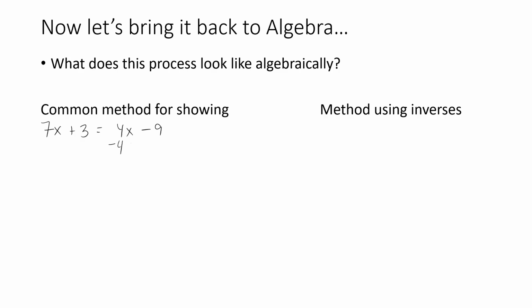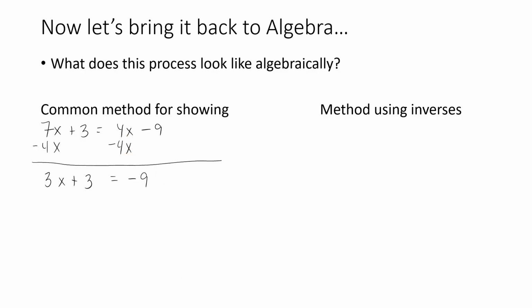And so you can think of it as I take away 4x from both sides, but you also got to make sure that you take away 4x's from the other side. 7x take away 4x's leaves you with 3x's, and there's our algebraic sentence there. We've got 4x minus 4x is 0, leaving me with just the -9.